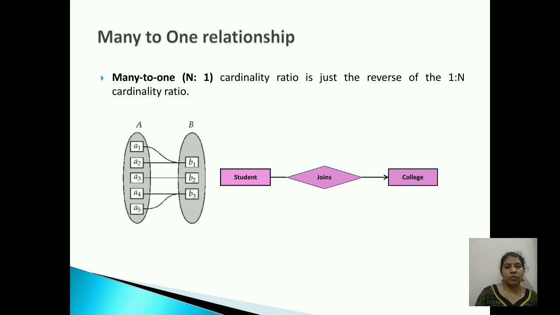So more than one instance from set A is associated with exactly one instance in set B. Okay, more than one instance from set A is mapped or associated to exactly one instance of set B, then it is called a many-to-one relationship.